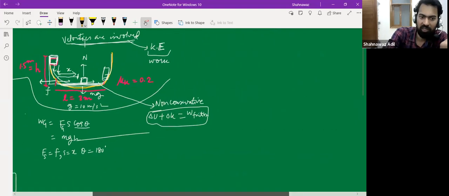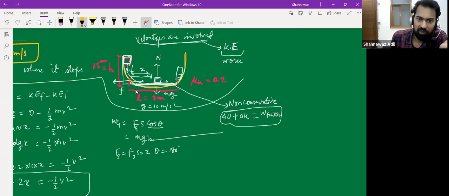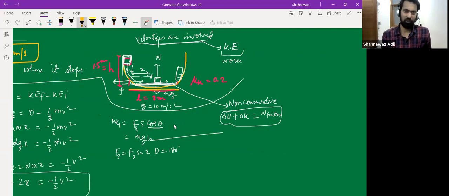You can see from here that this length is only how much? 3 meters, right? So what can you tell, Arpit? We have found out that this will stop at x is 9.75 meter.